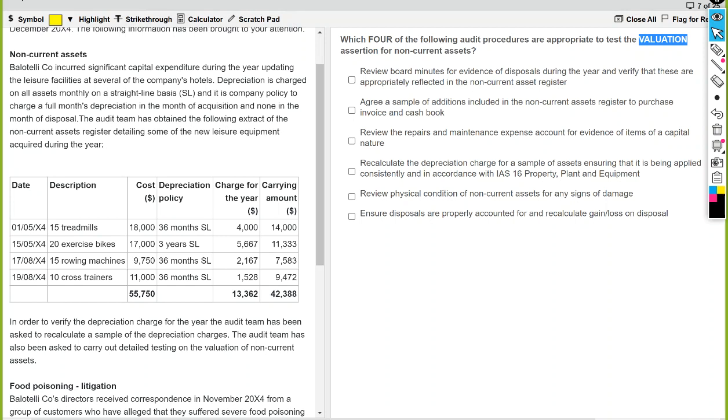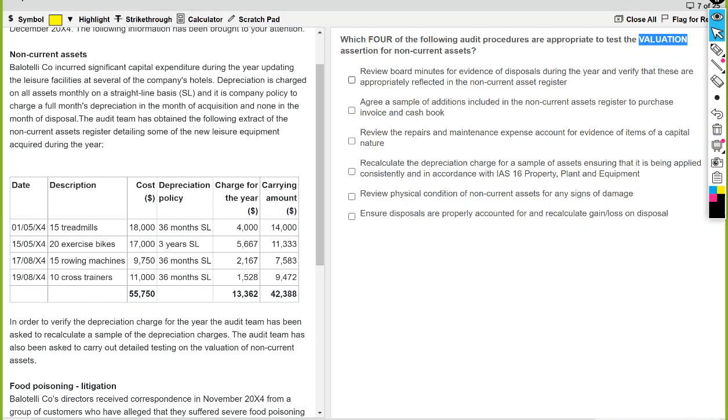Verify that these are appropriately reflected in the non-current asset register. Okay, so make sure those assets already sold are not inside non-current assets. This is to test existence. The asset no longer exists after they dispose of them, so it should be removed from the non-current asset register.